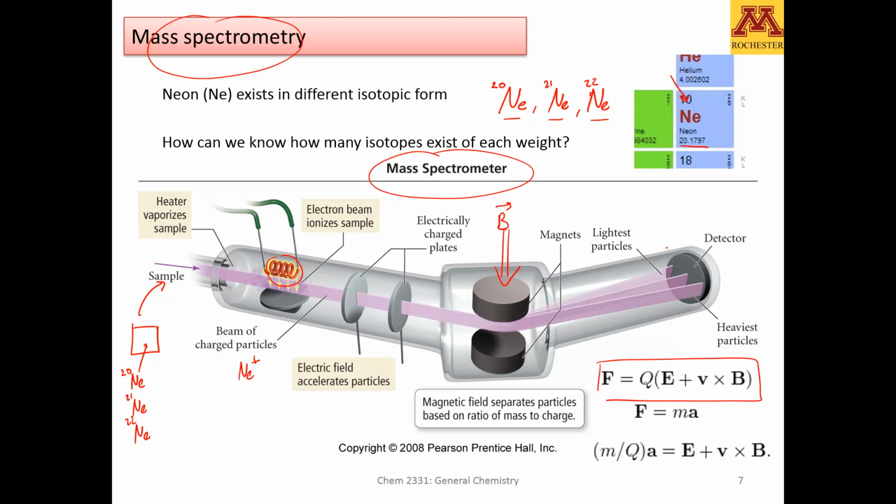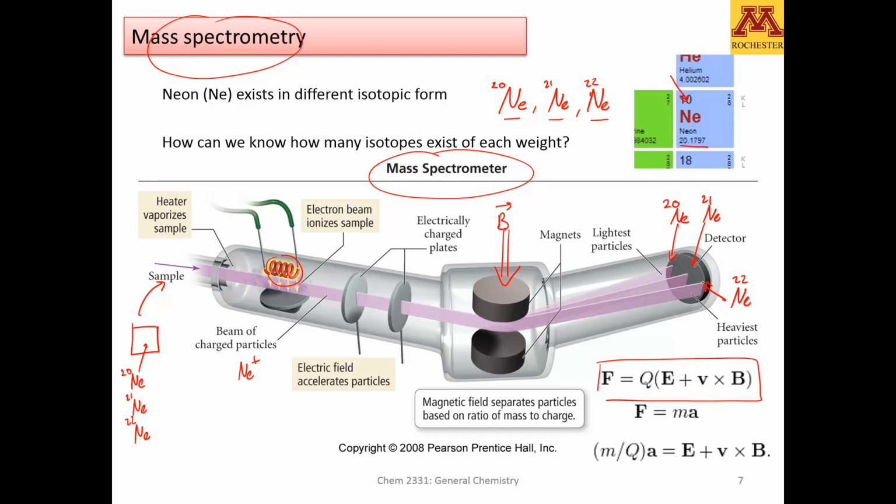The lightest particles will be deflected more than the heaviest ones. So the lighter neon isotopes will have a larger curve. Here you will have neon 20, here is where the detector will be hit by neon 21, and here neon 22.